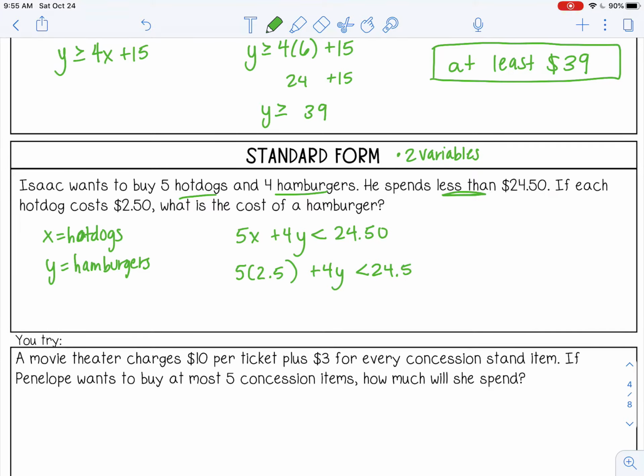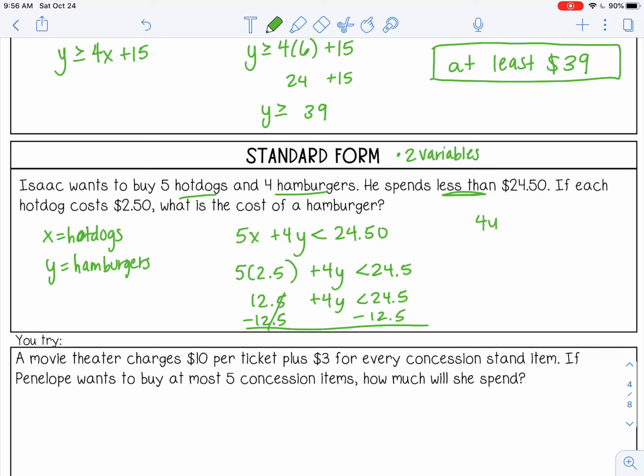And remember, when you're solving an inequality, it's exactly like solving an equation. The only difference is, remember, when you multiply or divide by a negative, the symbol will reverse. Okay, so 5 times 2.5, that is 12.5. Then I'm going to subtract 12.5 on both sides.